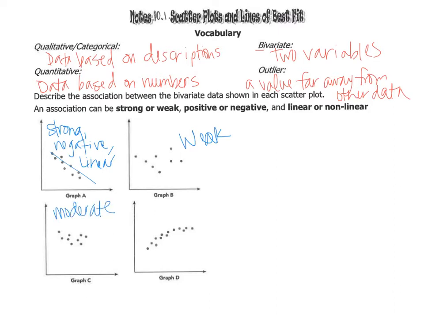I would say it's stronger than it is weak, and for the most part, it is negative. I would not say that it's necessarily linear or nonlinear. The next one is very strong. From left to right, it goes up, so it's positive. Now we're looking at linear, nonlinear. Well, it curves, so it's nonlinear.